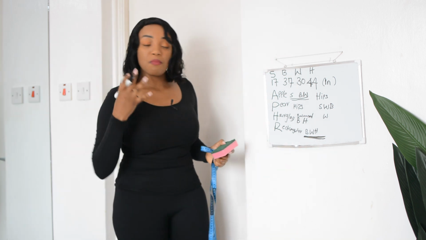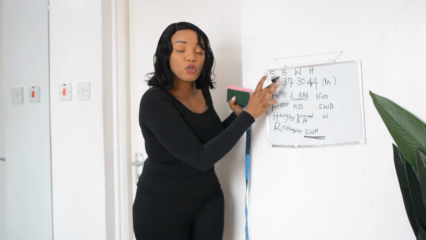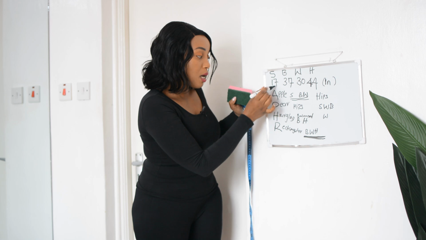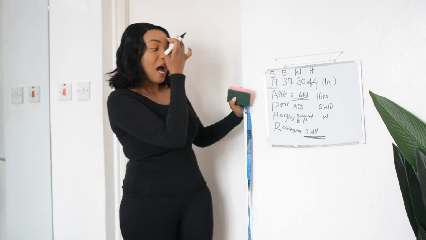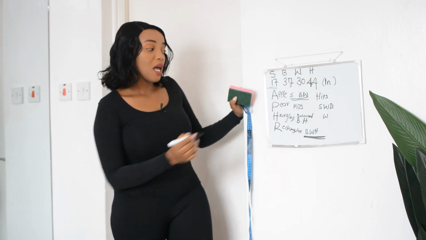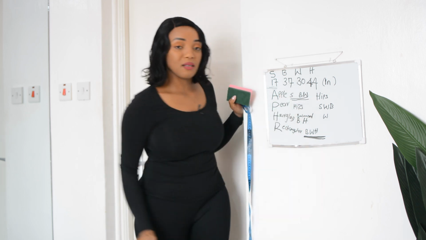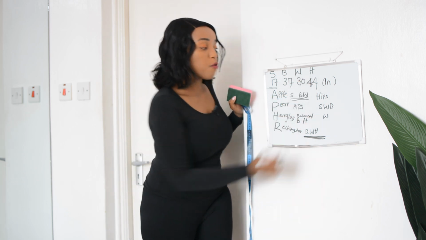Now, we're using me as an example here. We can see that my shoulders, we won't use my shoulders so much here. You can see my shoulders are 17, but we are going to focus on my bust area. My bust was 37, and my waist was 30. And my hips were 44.